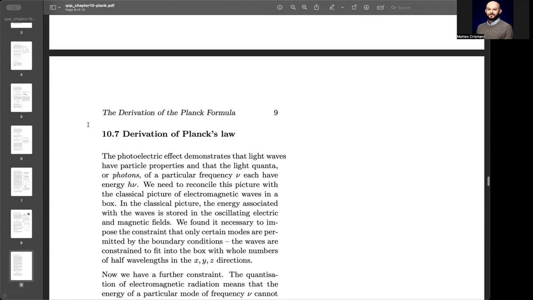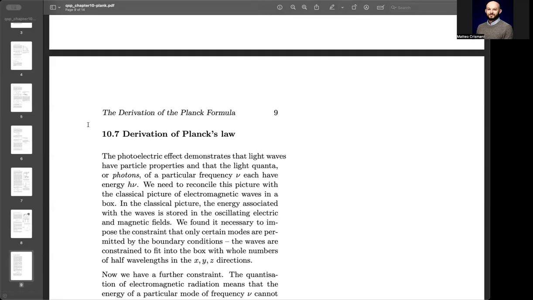So you have to move from this idea of waves inside of a cavity and how that leads to these energy states going crazy at high frequency. And then we can resolve this by remembering that every single wave is really a particle called a photon, and it has a specific energy, right?